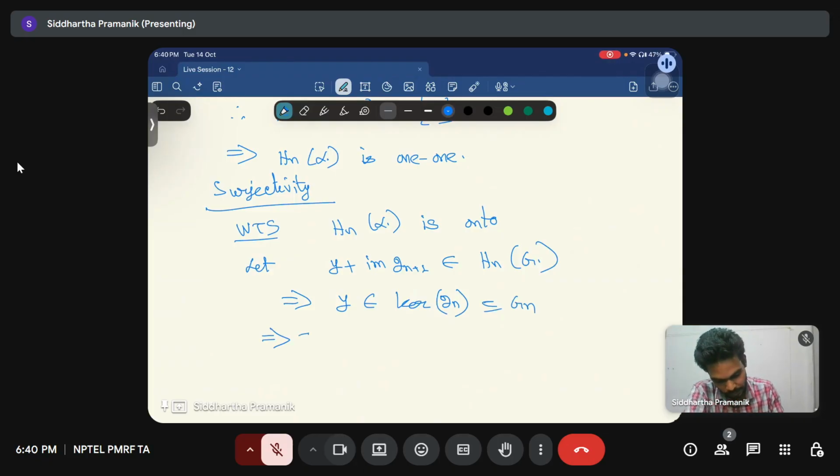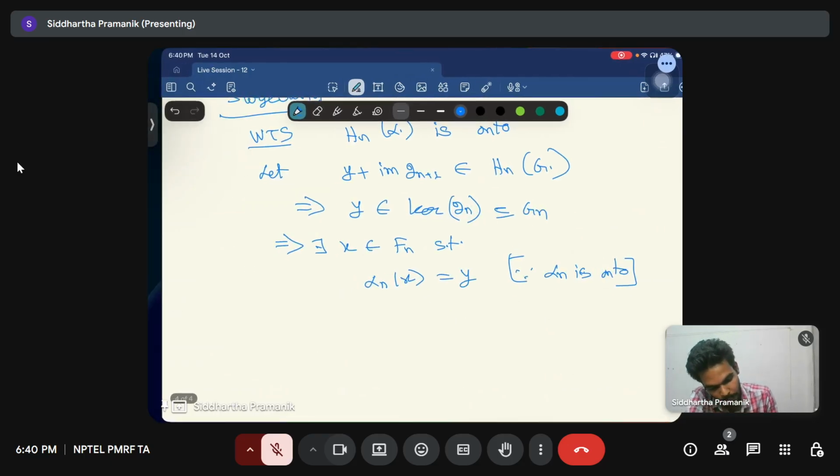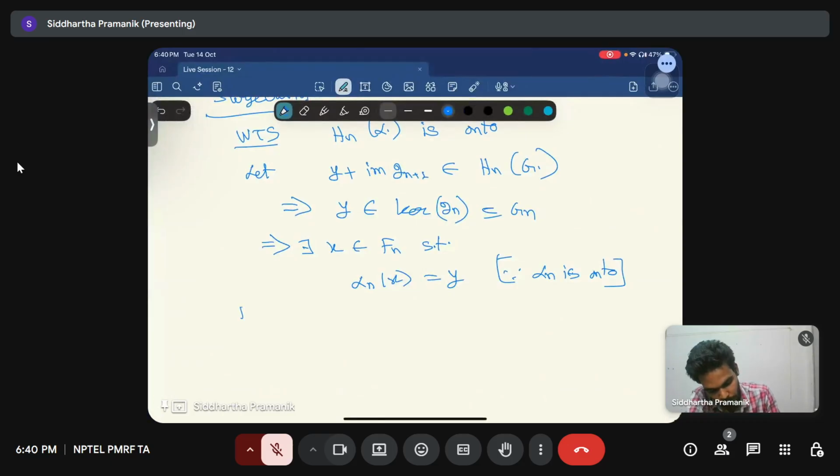Now there exists x belonging to f_n such that alpha_n of x is equal to y because alpha_n is onto, right? Now we need to prove that alpha_n x, we want to show x belongs to the kernel of f_n.